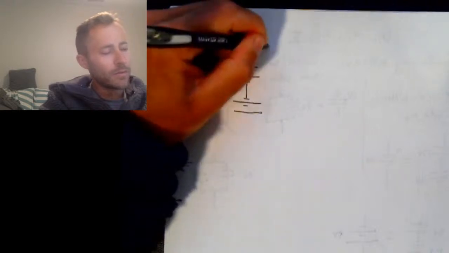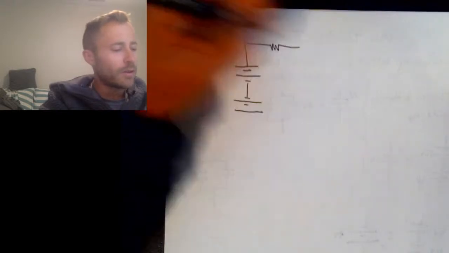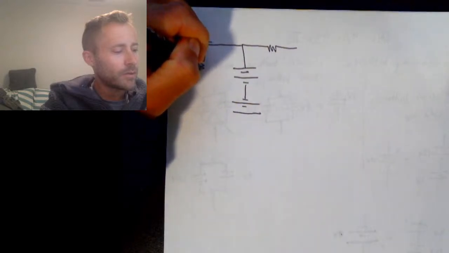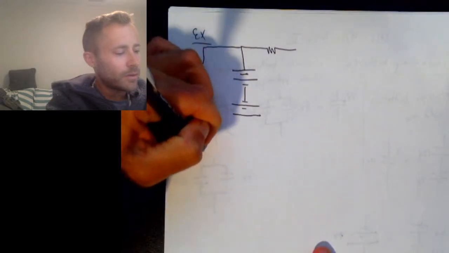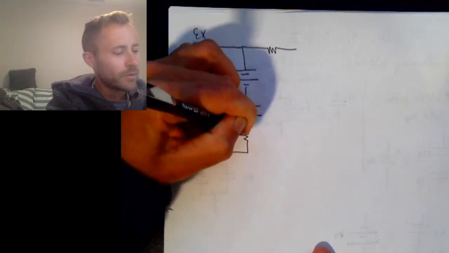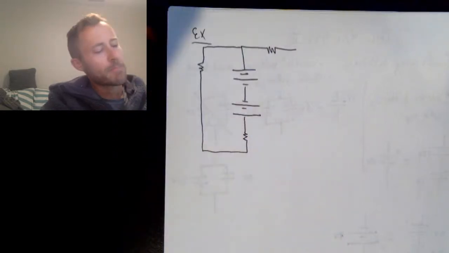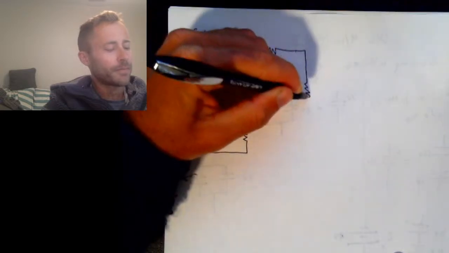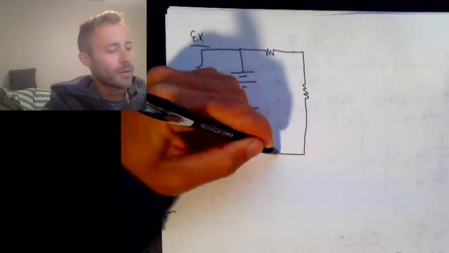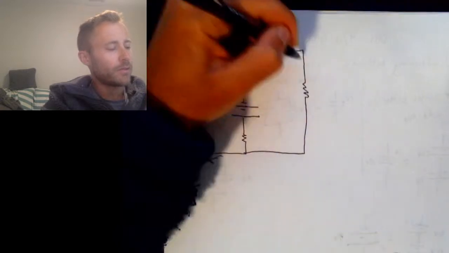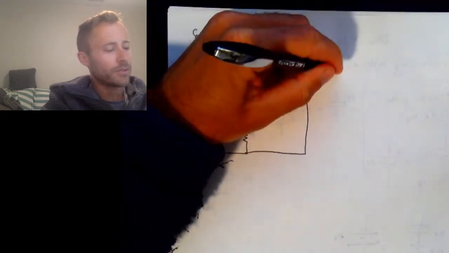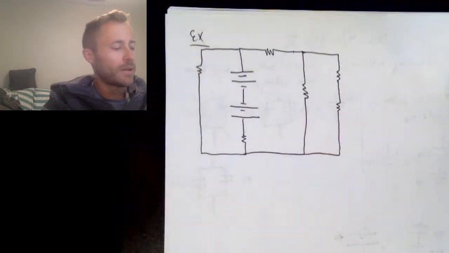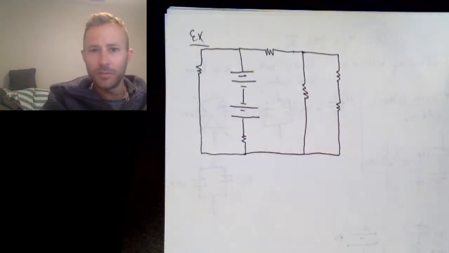And then a resistor and a resistor and a resistor and a resistor. Actually, let's say 2 resistors. Okay. So let me give these some numbers.